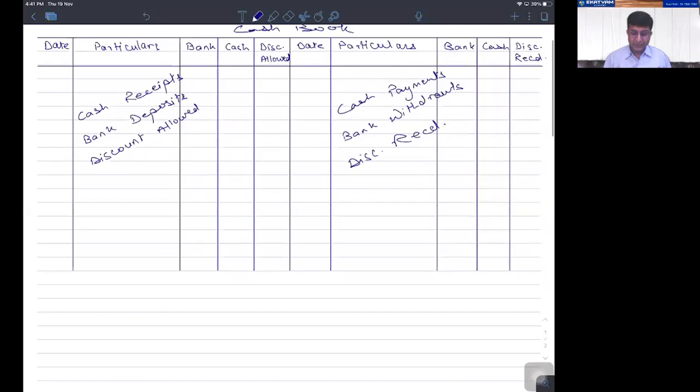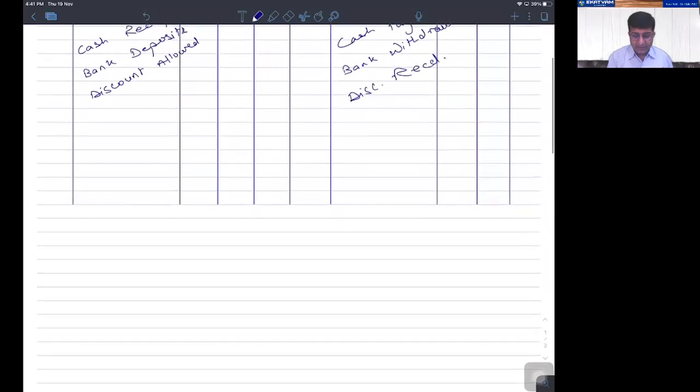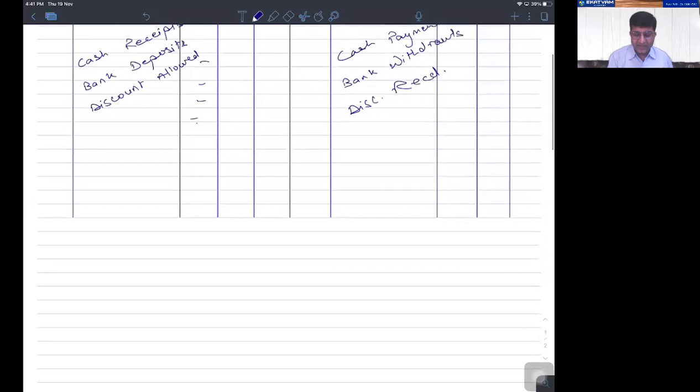All right. Now, all the transactions which are recorded onto the debit side of the cash book, those all are expected to be posted to the credit side of respective account.